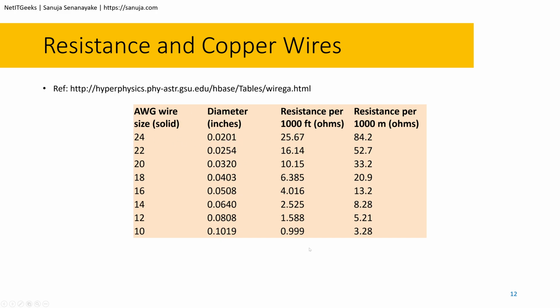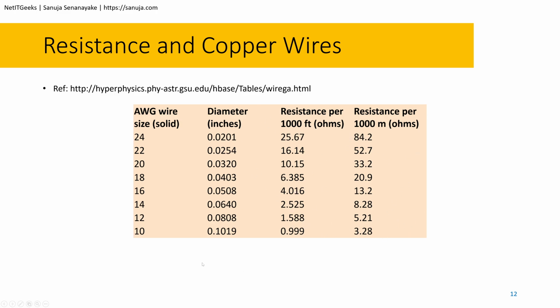So in this slide, what you need to understand is that the higher the gauge value, the higher the resistance. The lower the gauge value, the lower the resistance, because lower gauge wires have a higher diameter and hence have less resistance over length.